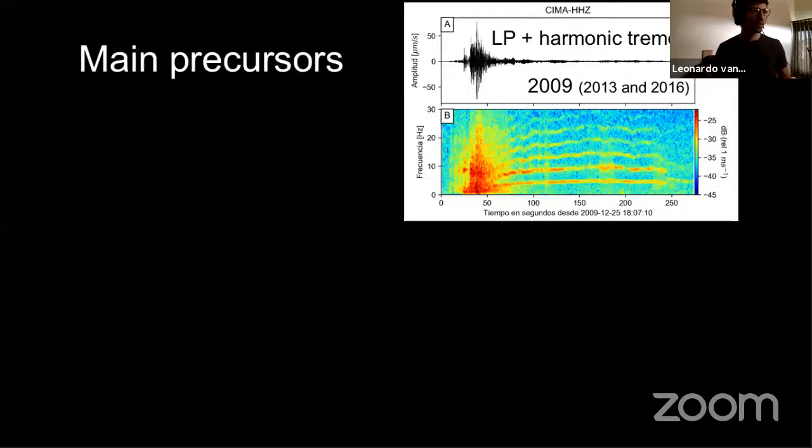So the main precursors that we identified are this LP event, or long period event, with a harmonic tremor, always with the LP event. This occurred in 2009, but also in the 2013 and 2016 stages, but especially in 2009.